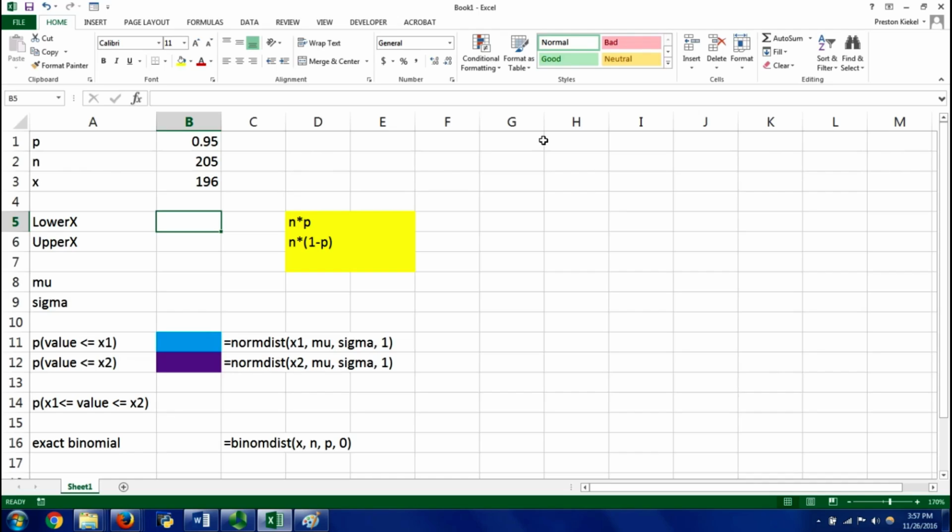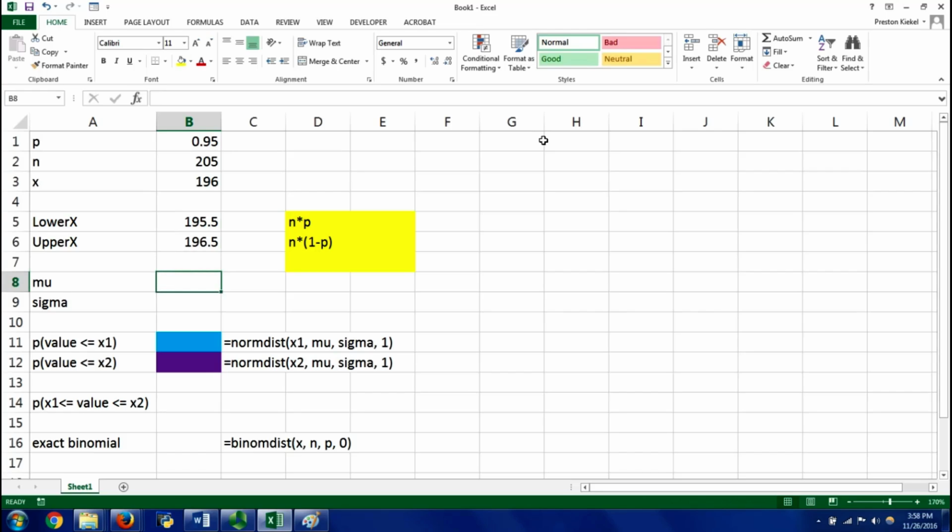So instead I define 196 minus 0.5 as the lower limit, 195.5, to 196 plus 0.5 as the upper limit, 196.5. All the area between these two numbers is what we're going to define as the value 196.